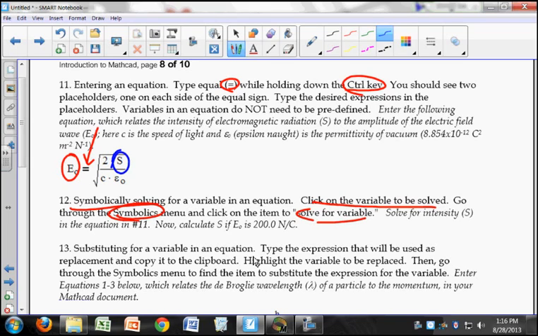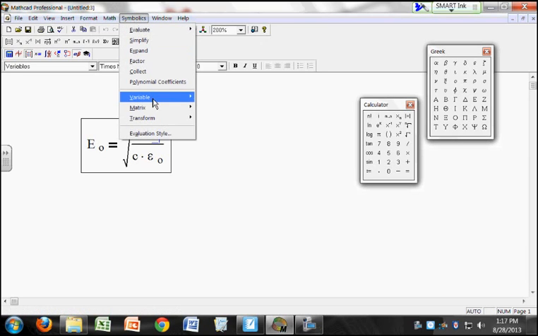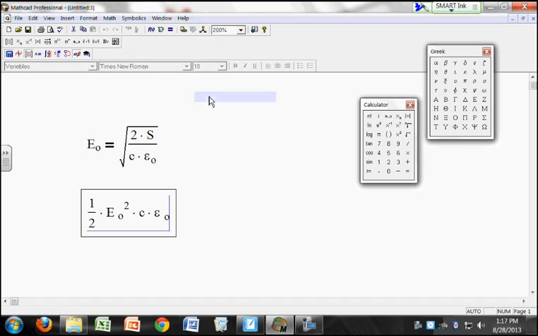So what I do is here, I click on S. So right now I've selected S. I click on symbolics, variable, solve. And I just solve for S right here. This is my S. So I can just copy that.